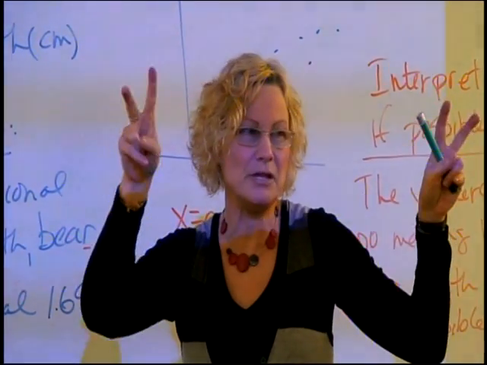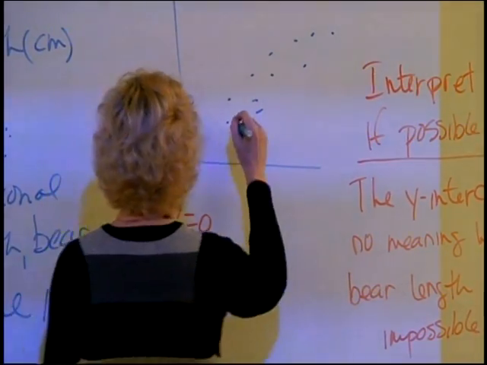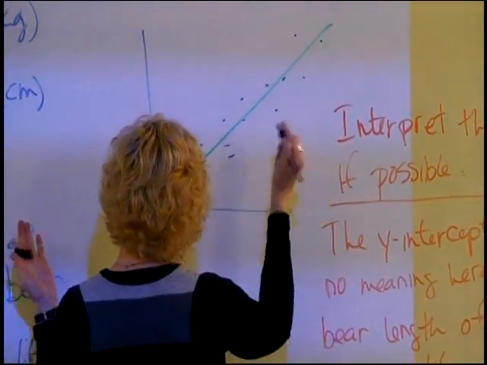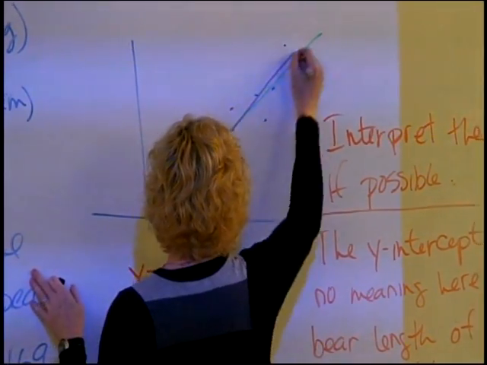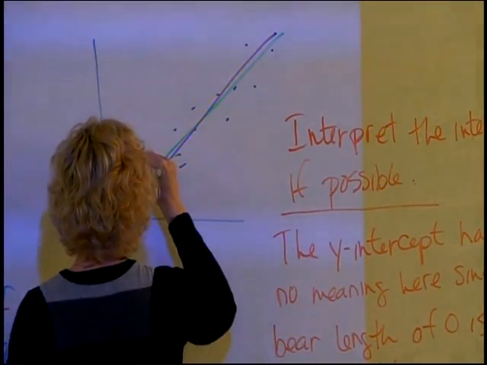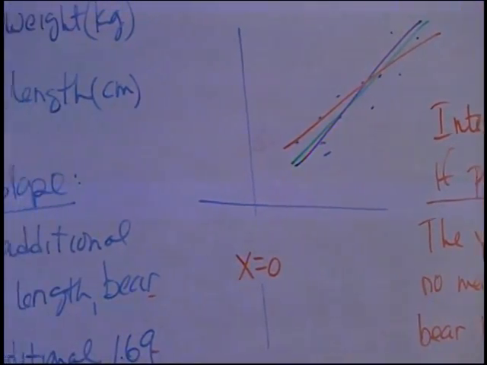What does it mean to be the best line? You with me? Is that line best, or is that one a little better? Or maybe even that one? How do we know which one is absolutely the best?